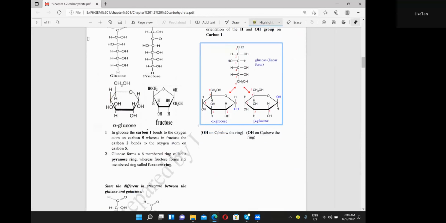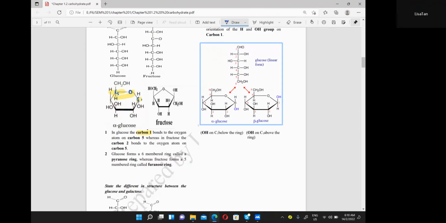In glucose, the carbon 1 is bonded to the oxygen atom on the carbon 5.